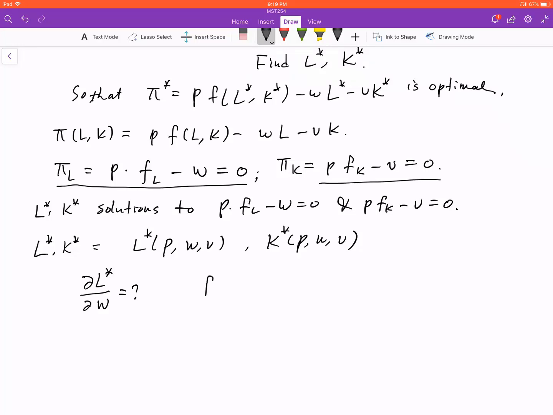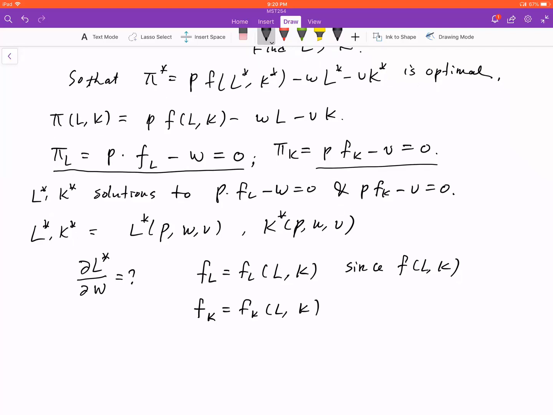We first realize that F_L is really a function of L and K, since F is a function of L and K, right? And similarly, your partial derivative of F with respect to K is really a function of capital L and K. So what we have over here is really this.